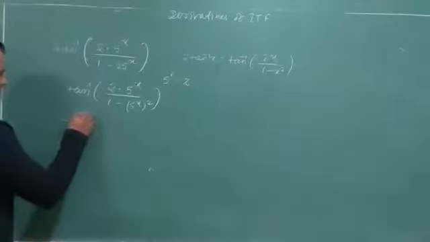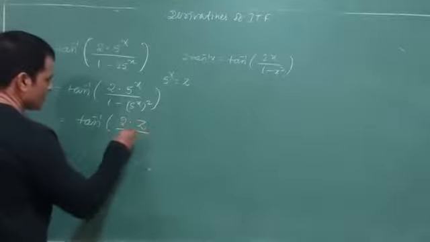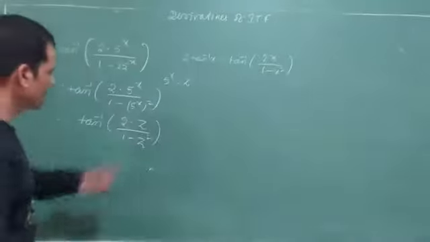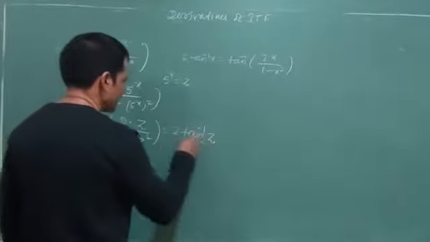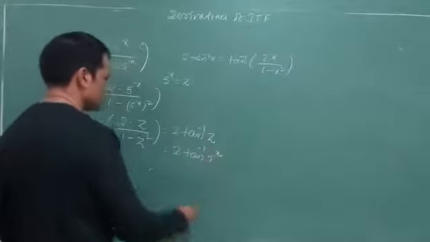Then this becomes tan inverse 2z by 1 minus z square. You see the formula now. It is 2 tan inverse of z, which can be written as 2 tan inverse of 5 to the power x.